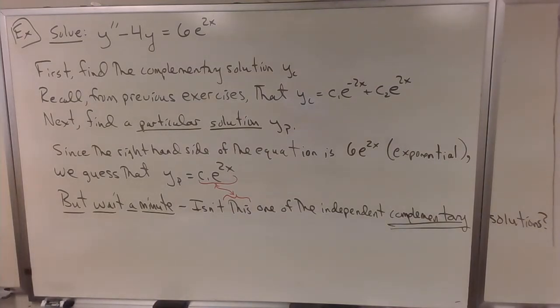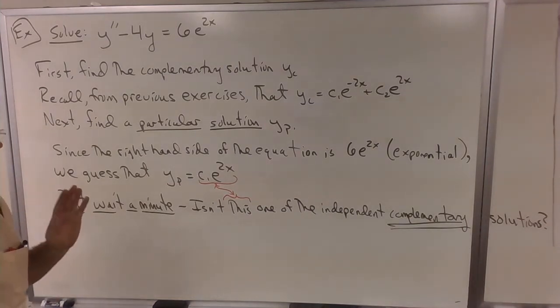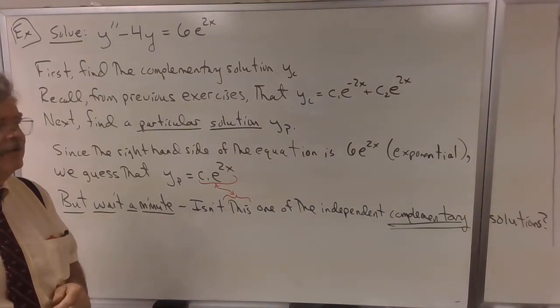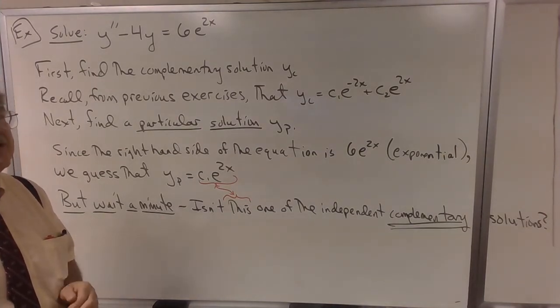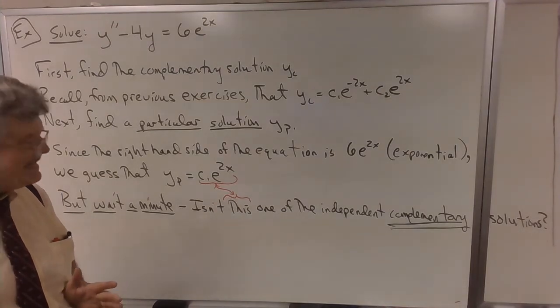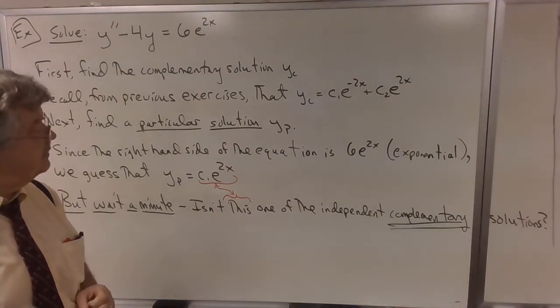Holy moly. I saved myself some aggravation. I saved myself about 5 or 10 minutes of computation, only to find out that I didn't get what I thought I should get.